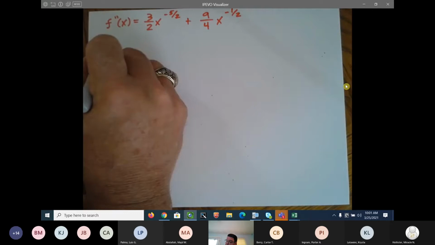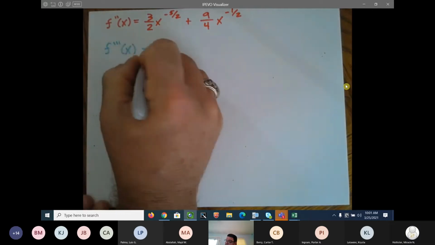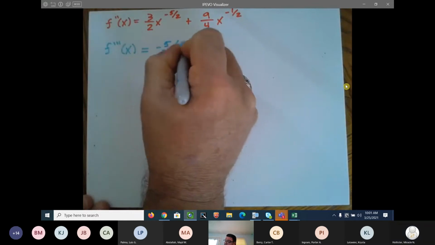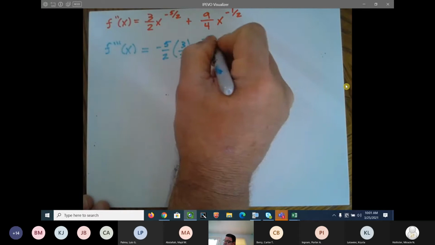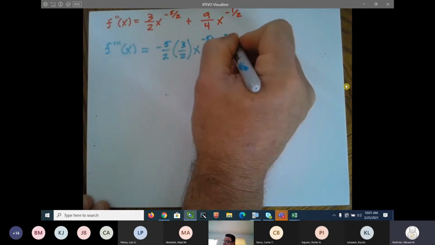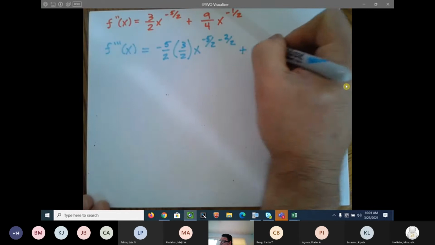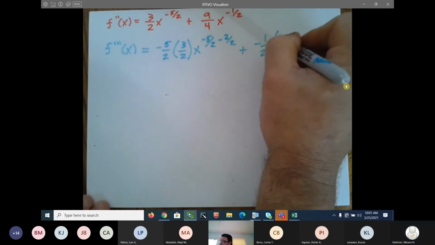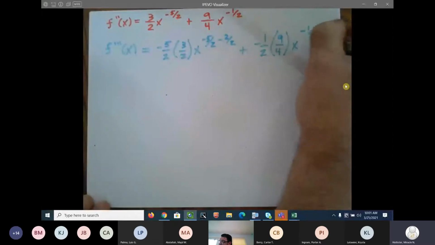F triple prime of x is going to be equal to -5/2 times 3/2 x to the -5/2 minus 2/2 plus -1/2 times 9/4 x to the -1/2 minus 2/2.